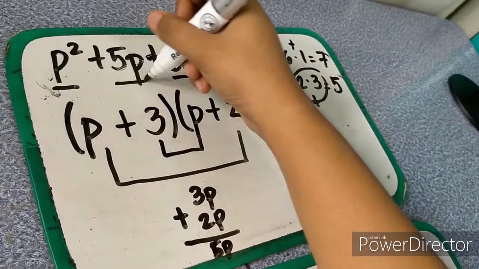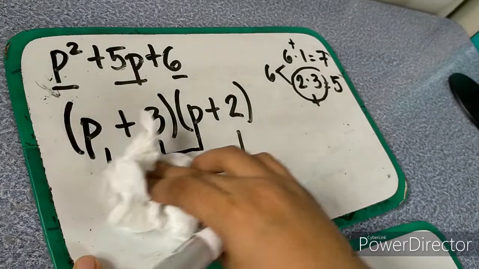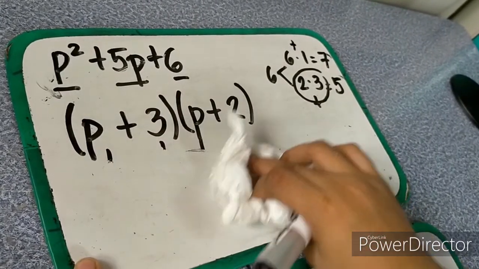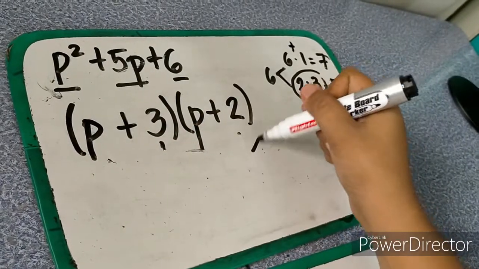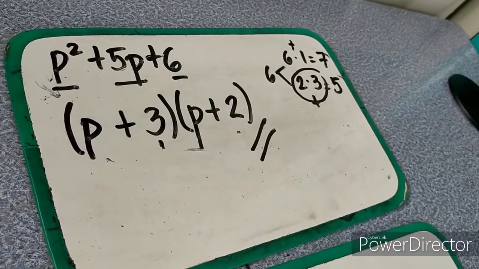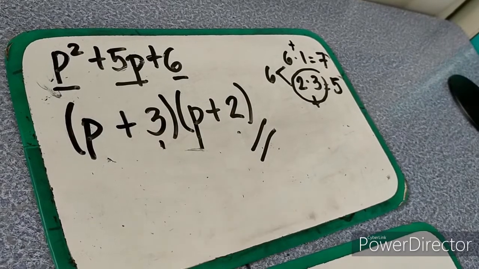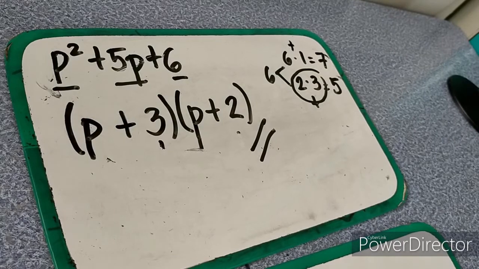Nakuha ba yung middle term? Yes. Meaning, our factor for p squared plus 5p plus 6 is none other than p plus 3 and p plus 2. P plus 3 multiplied to p plus 2. And that is example number 1. If you have any questions, comment down below. If you have suggestions, comment down also.